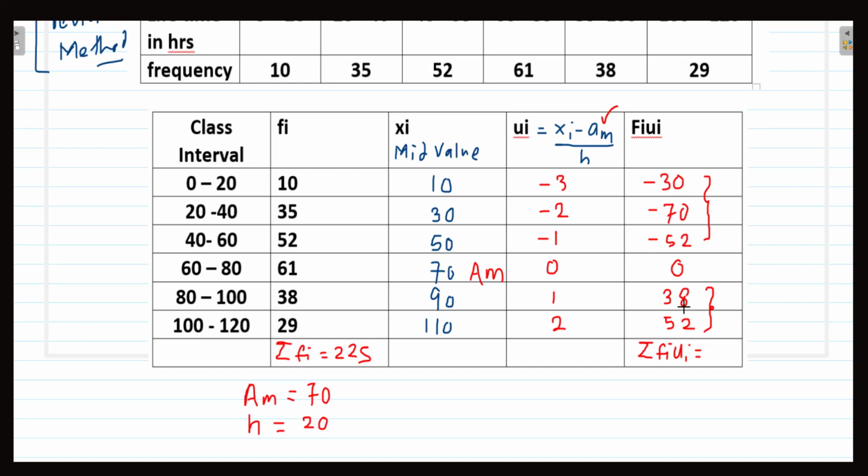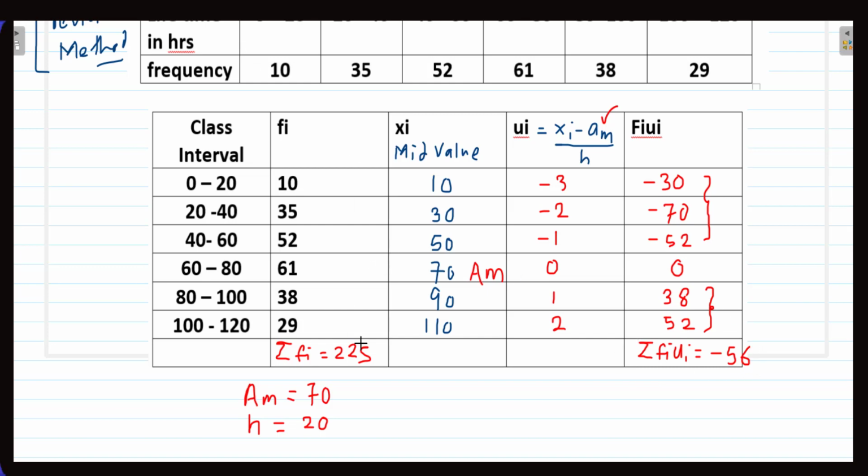Here you see this is 52 and this is minus 52, that will get cancelled out. 38 minus 30 will be 8, and then add this 2 and subtract 8 and you will get minus something. You can do it this way also. Correct? And if you do this calculation, you will get minus 56. So summation of fi ui is minus 56.